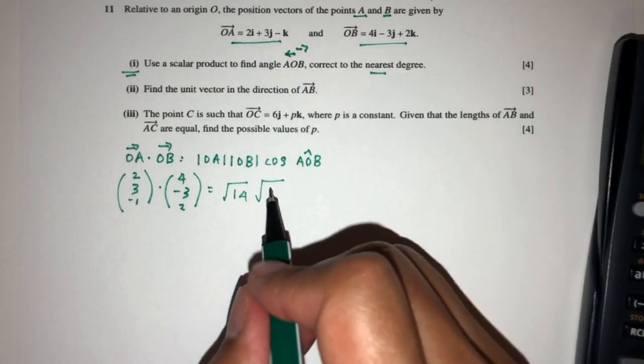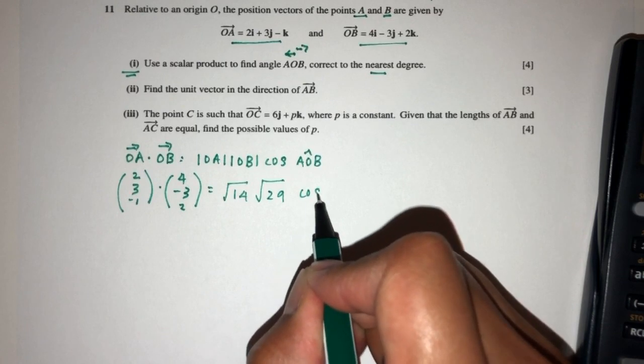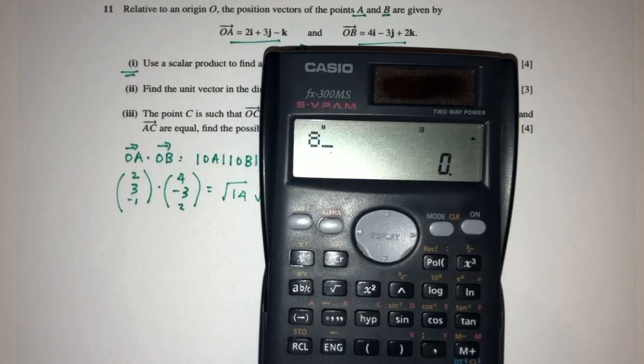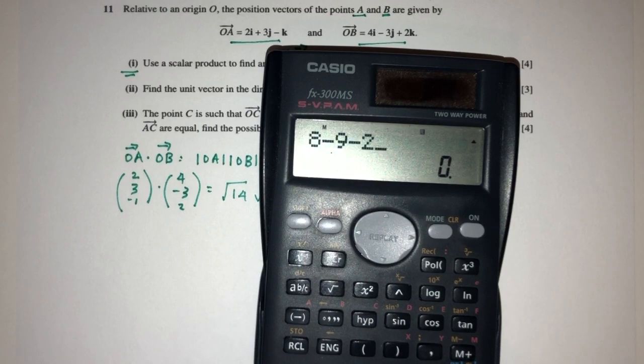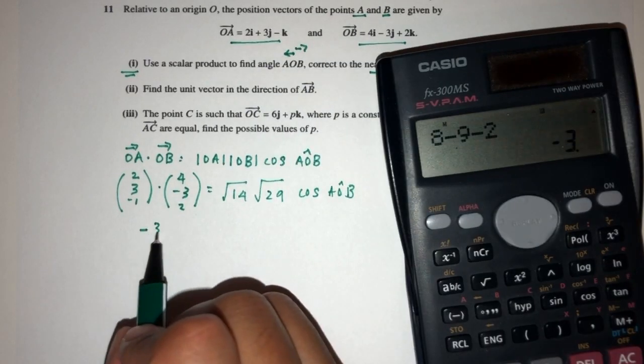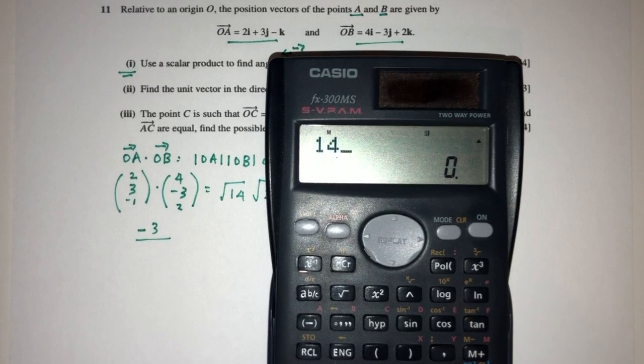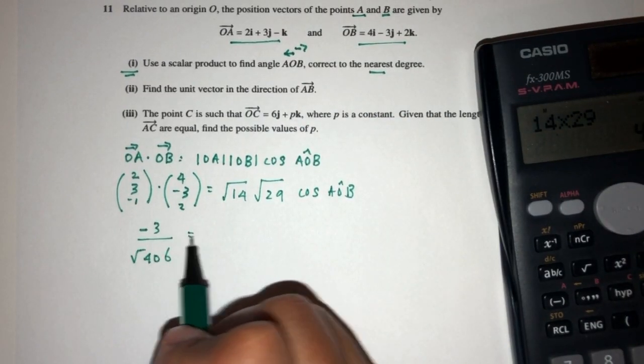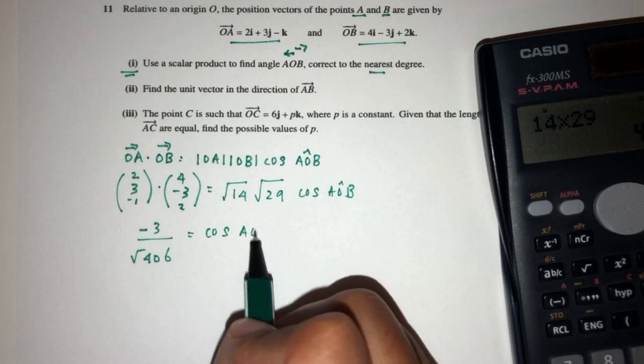That should be root 29. Cos of the angle. Now simplify this. 8 minus 9 minus 2. That should be minus 3, divided by root 14 times root 29, which should be root of 406. That will be cos of the angle O.